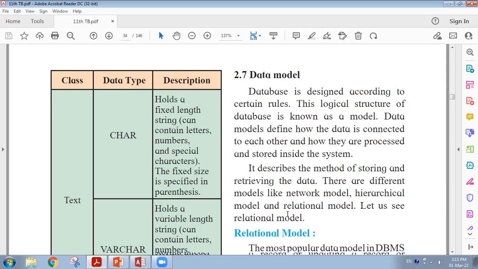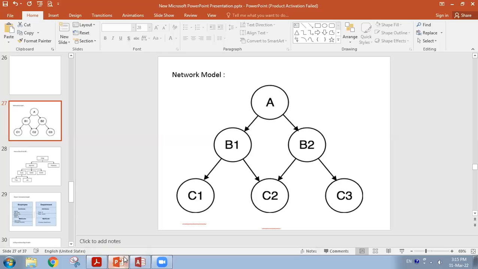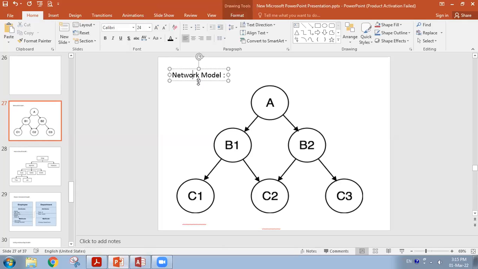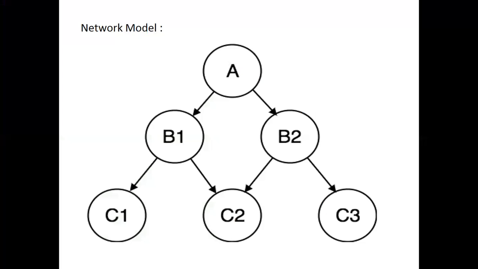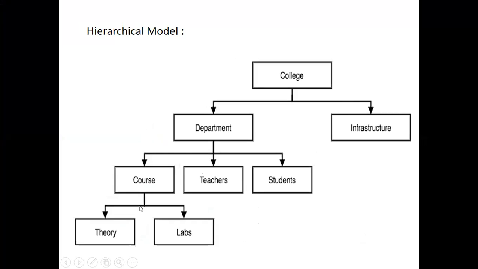Different types of data models are used, just like the network model. See, in a network model, only one entity is used, and that entity is attached with different entities. Then the hierarchical model.